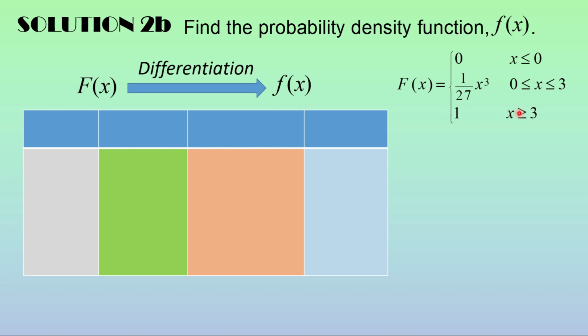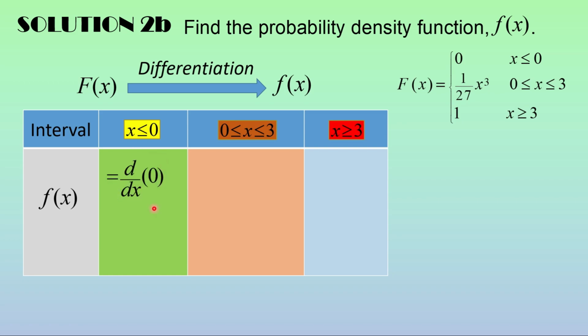So first, write the interval of CDF from negative infinity to infinity. So first, interval x less or equals to 0, and second is x from 0 to 3, and the last one is interval x greater or equals to 3. Then find the probability density function.